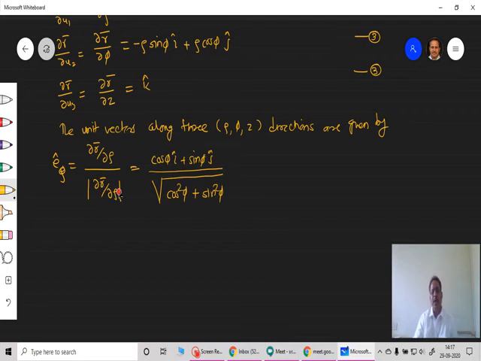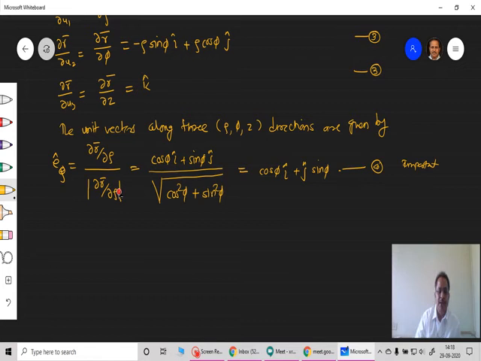Adding, cos square phi plus sin square phi is simply 1, and therefore I'll get cos phi into i cap plus j times sin phi. So this is my equation number 4, and this is the first unit vector. So the first unit vector E rho is equal to cos phi times i plus sin phi times j. So the fourth equation is important for us, it will be required.